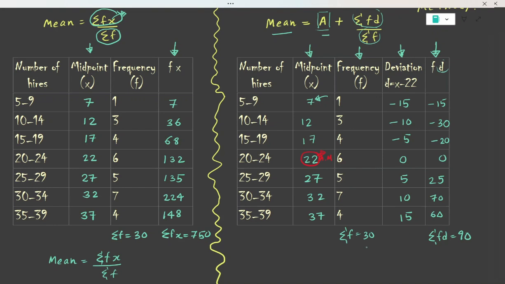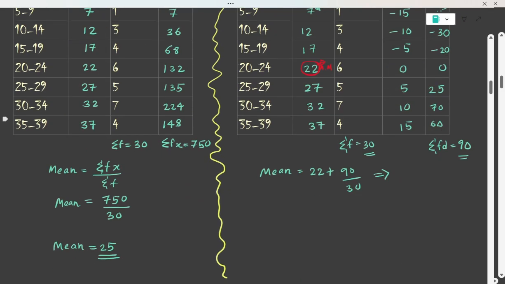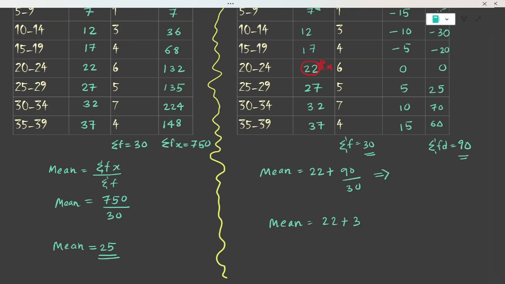Now let's substitute into the equation. Mean is equal to, assumed mean is 22, 22 plus sigma fd is 90 over sigma f is 30. If I simplify this further, I get mean is equal to 25.